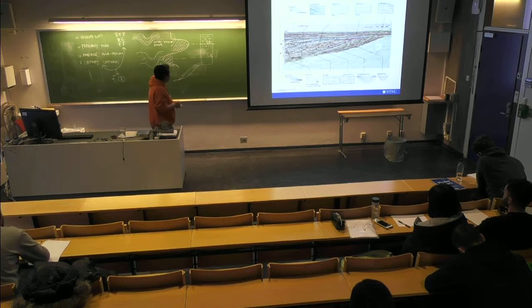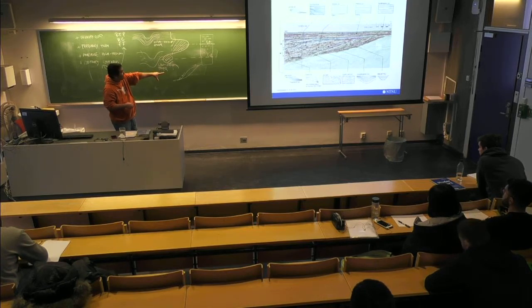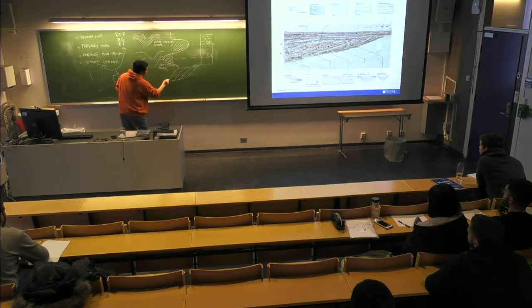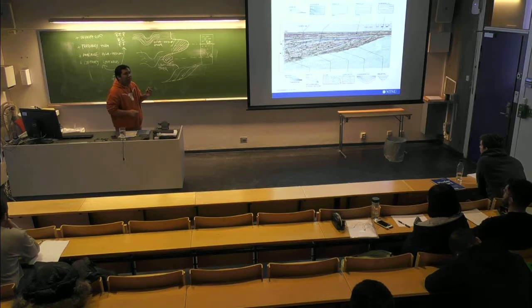And then, so what do you think? What kind of environment is this one? If I make another section, it might be something like this. So what kind of depositional environment is this?